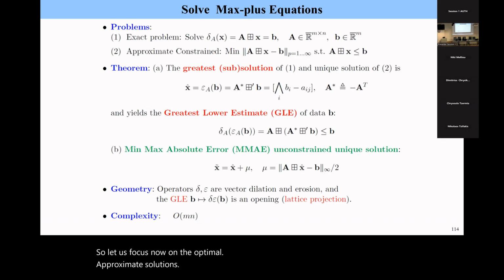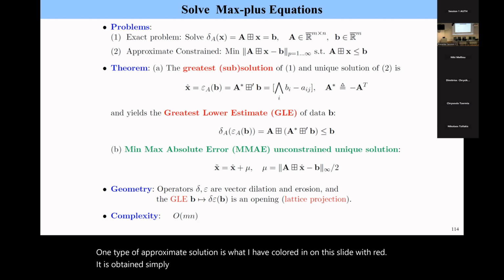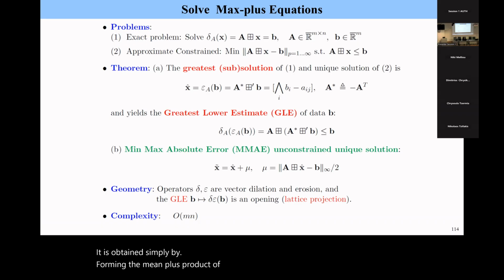One type of approximate solution is what I have colored on this slide with red. It is obtained simply by forming the min-plus product of the data vector b with the adjoint matrix A star.